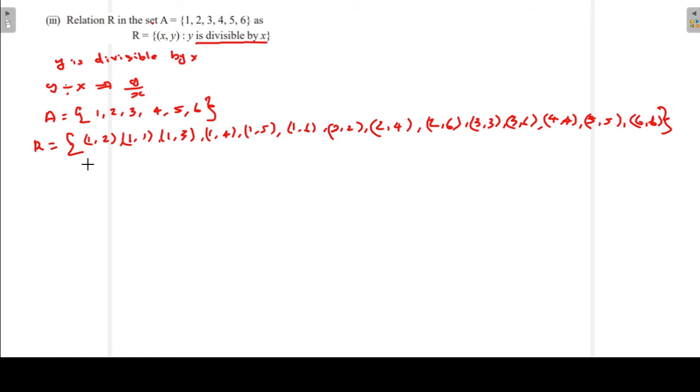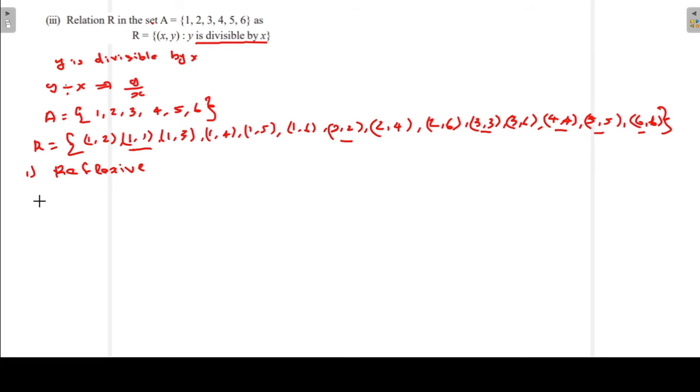Then you check first whether R is reflexive or not. So you can see in R: (1, 1), (2, 2), (3, 3), (4, 4), (5, 5), (6, 6).